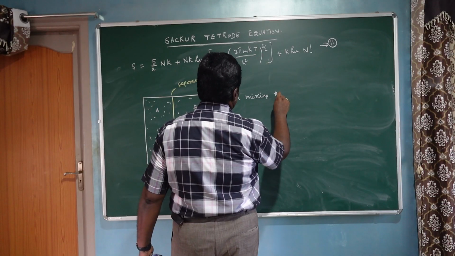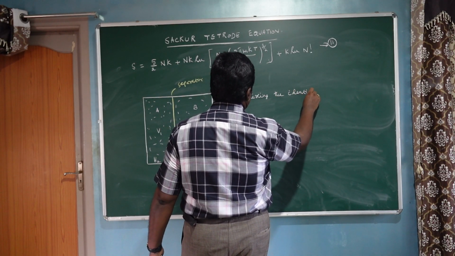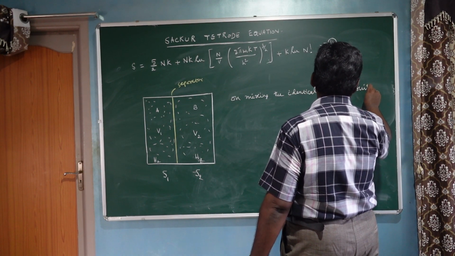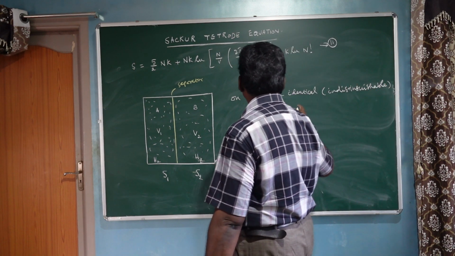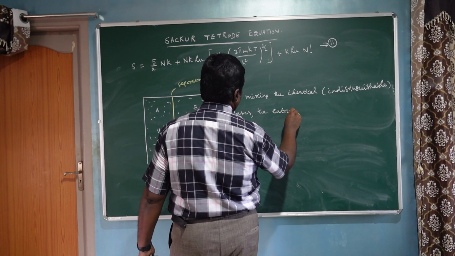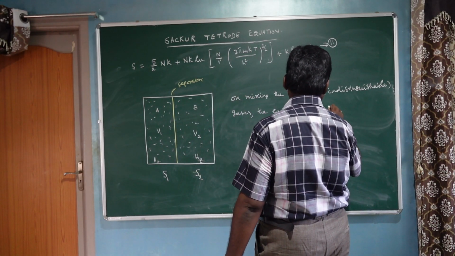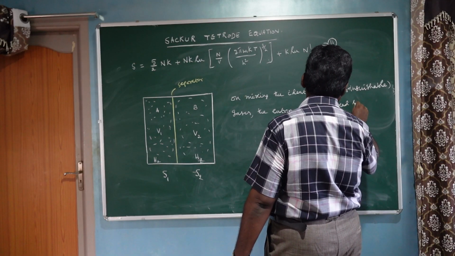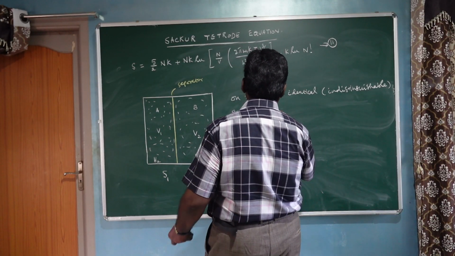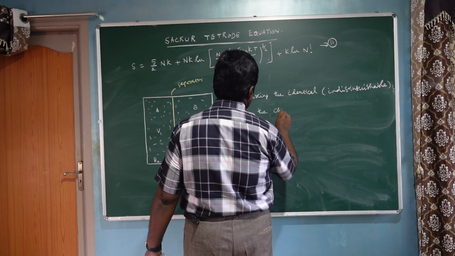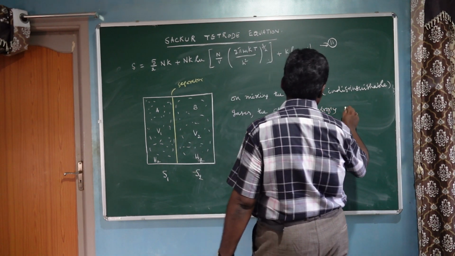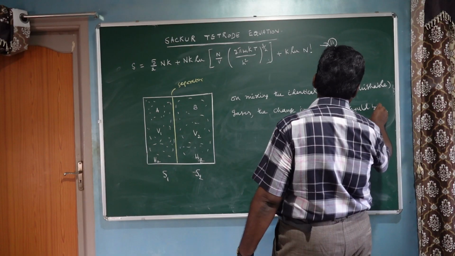Mixing the identical, that means indistinguishable, on mixing identical gases, the entropy of the mixed state, or we may write some other way, the change in entropy on mixing the identical gases should be 0.